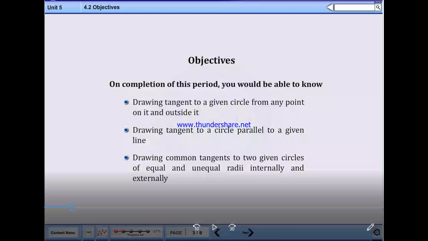Draw tangent to a circle parallel to a given line. Draw common tangents to two given circles of equal and unequal radii internally and externally. So these are the objectives. After completion of this, we may get tangents.